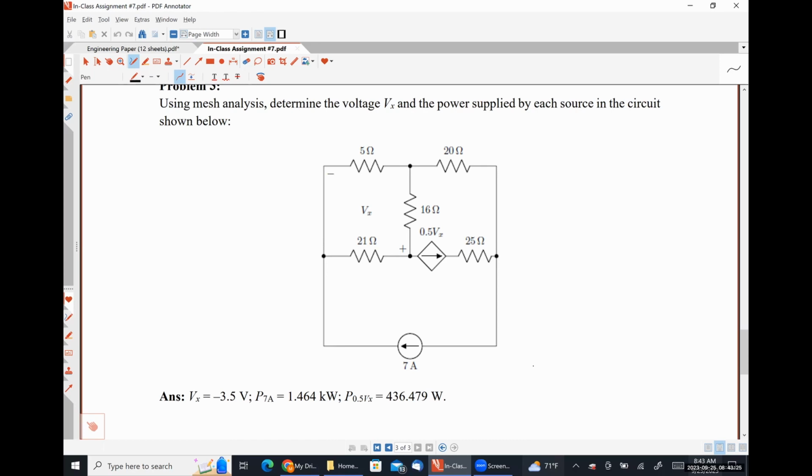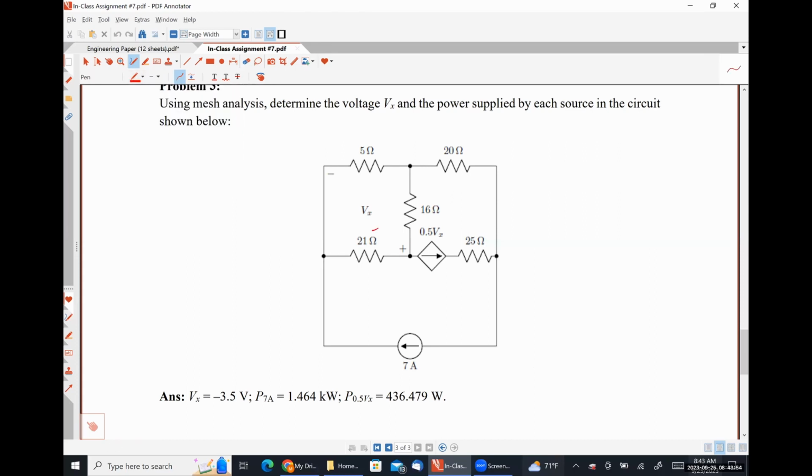In this particular problem, you are asked to use mesh analysis to determine the voltage Vx and the power supplied by each of the sources in the circuit shown below. So our first step would be to define our mesh currents. I'm actually going to combine steps 1 and 2 into a single step, so I'm going to identify and label them all in one go.